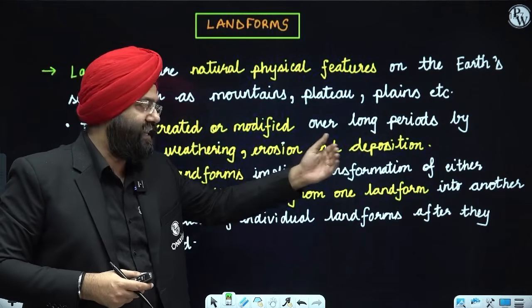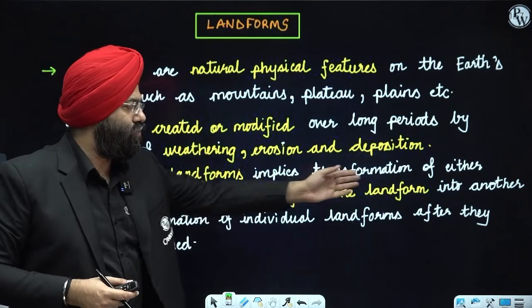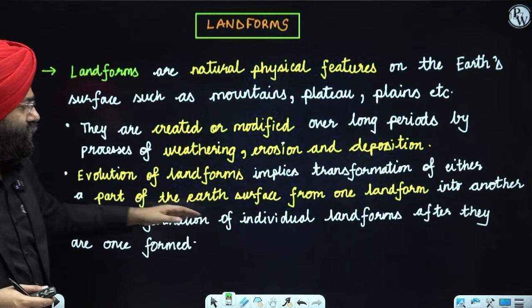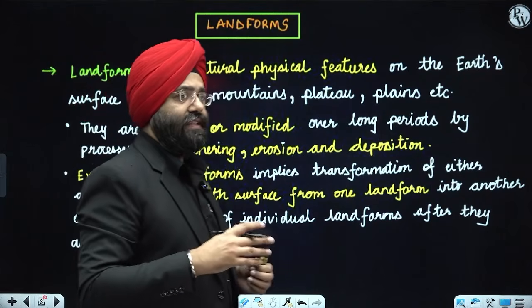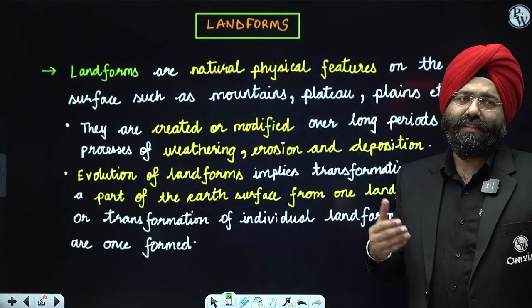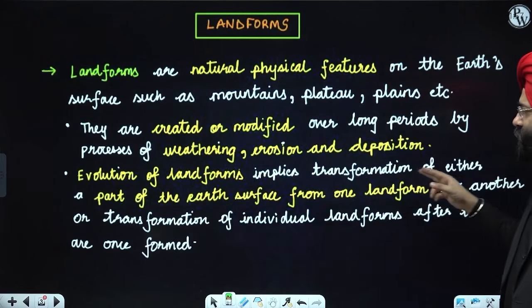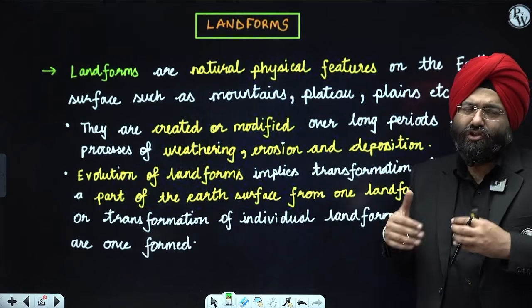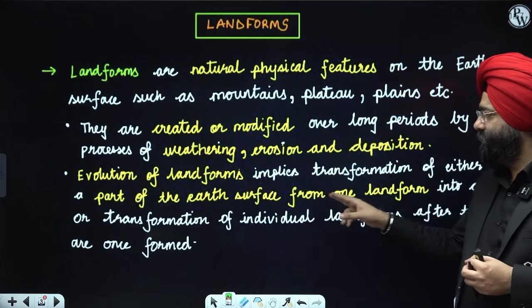Transformation means change, either in a part of the Earth's surface from one landform to another, or transformation of individual landforms after they have once formed. There are two things mentioned here, and this is important from the NCERT's perspective also. Evolution of landform implies transformation, and transformation basically means change.